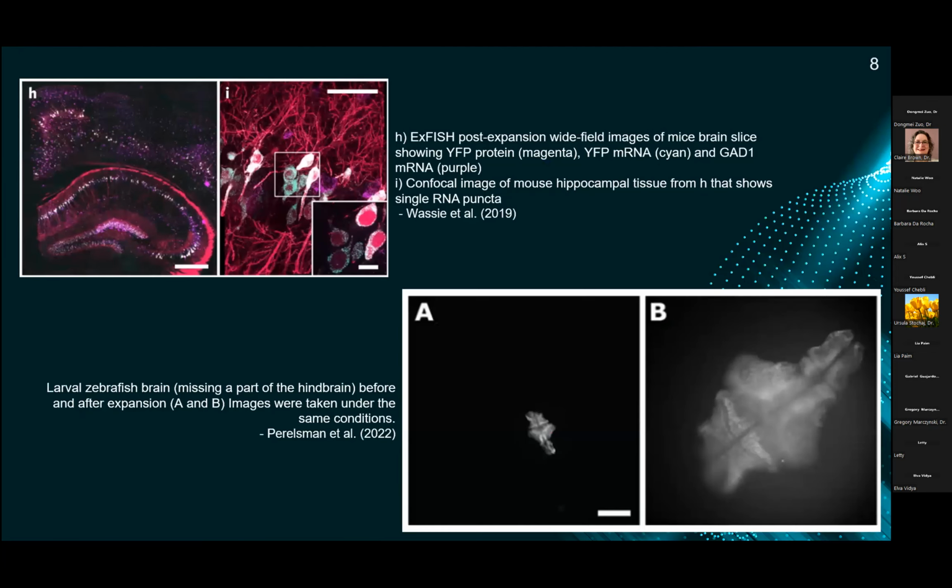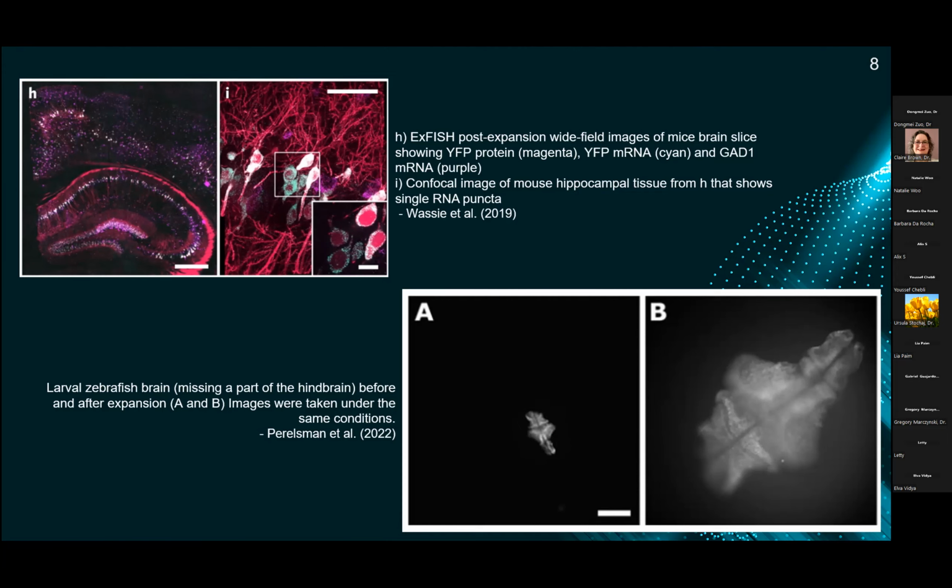And then here, for those of you who may not be so interested in studying different types of tissues, at the top there's XFish. So I'm sure you're all familiar with FISH, which is fluorescent in situ hybridization. You can merge that with expansion. And here you can see the post-expansion image in H, where it's a wide field image of a mouse brain slice.